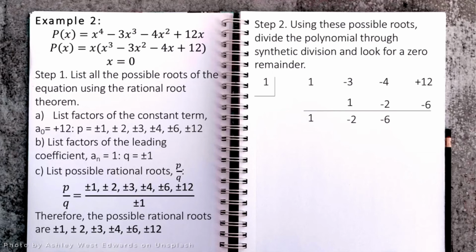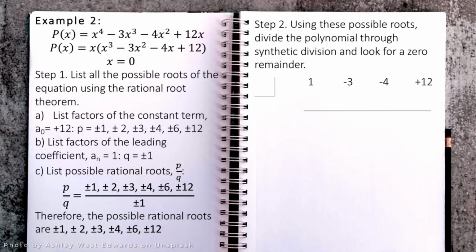Then add. Positive 12 plus negative 6 is positive 6. Now, as you can notice, the remainder is not equal to 0. Therefore, positive 1 is not a zero for our function, or positive 1 is not a solution of our function.